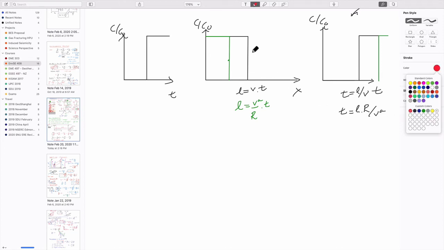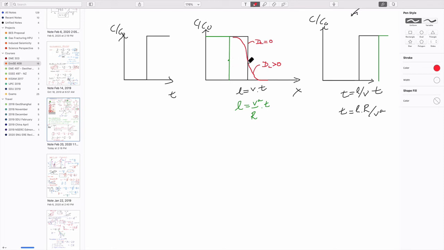So this is for D_L equals 0, and this is D_L greater than 0. What happens if it was in the same medium, the same material, flowing at the same velocities? What would this front look like?